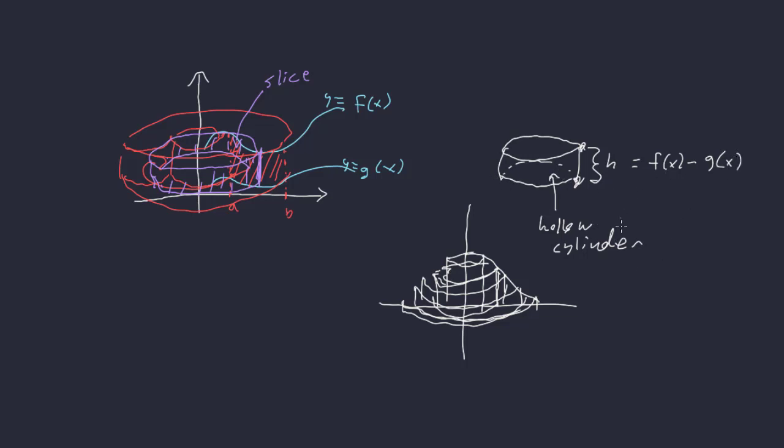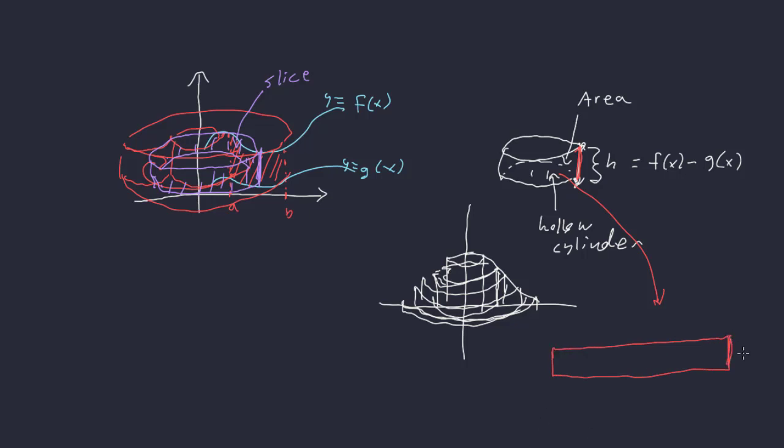Okay, and now to find the area of this slice. Well, it's essentially a rectangle, because if we were to cut it right here and spread it out, we would have a rectangle.